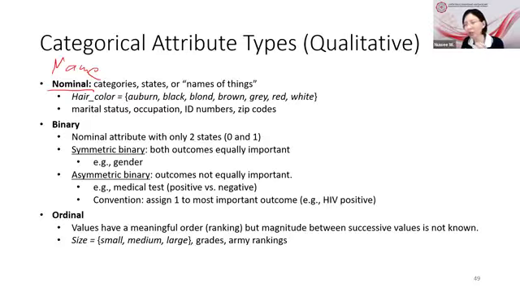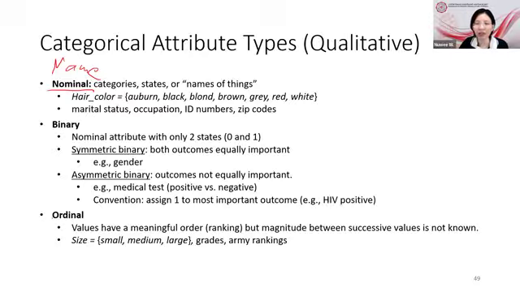The outcomes are not equally important. For example, for medical tests like an HIV test, usually the doctor will focus on the person who has a positive HIV test. That's why positive is more important than negative. Therefore, when you assign 1, you usually assign 1 to the most important outcome, which is HIV positive in this case, right?